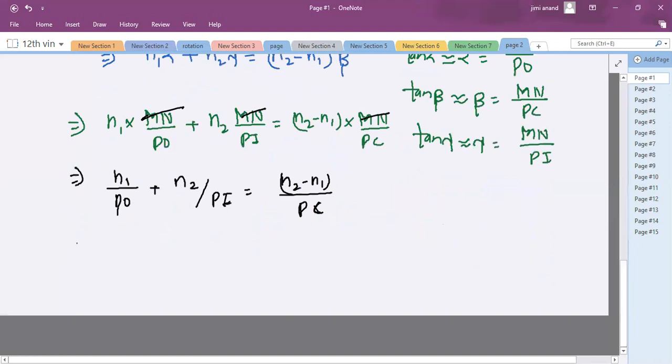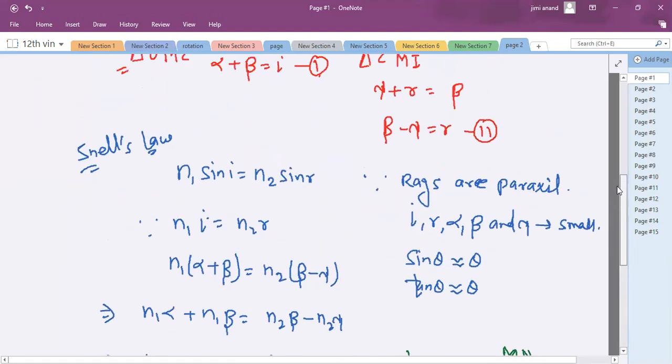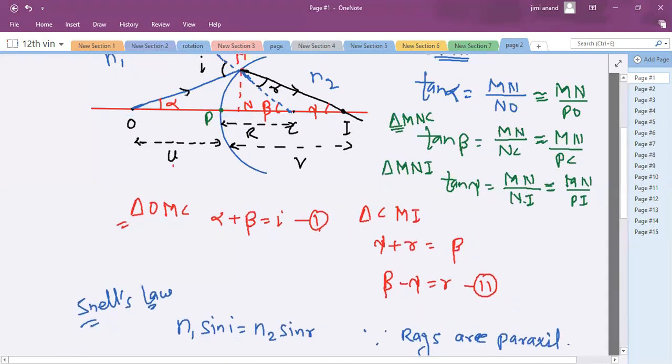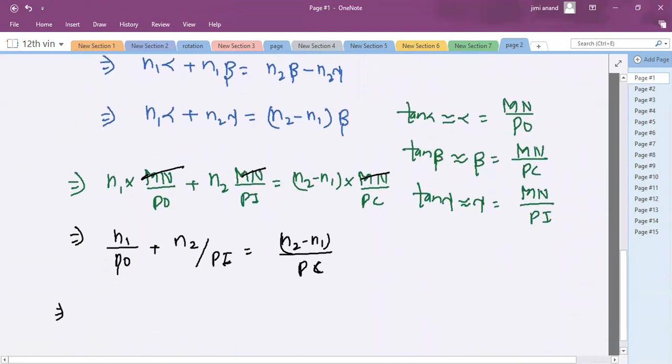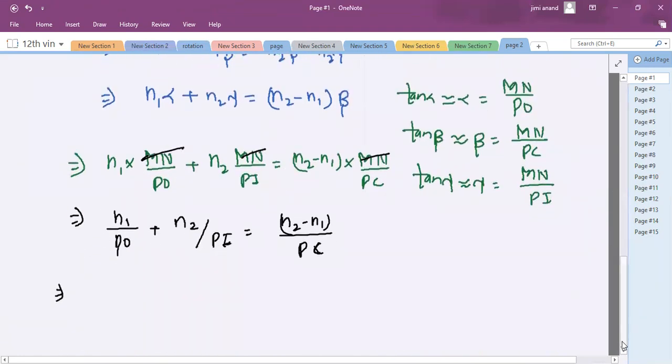Now think, what is PO? Object distance is U. If you have taken this incident ray, PO is minus U. We know the sign conventions.